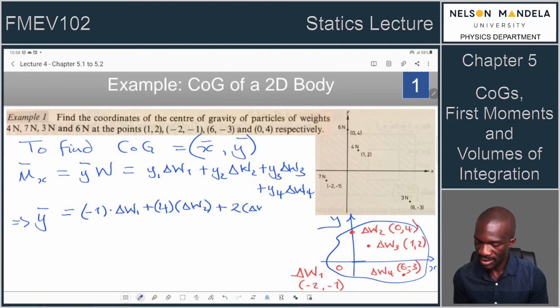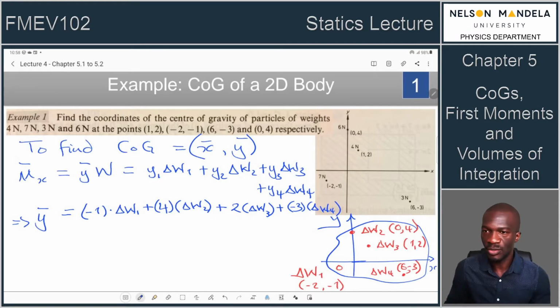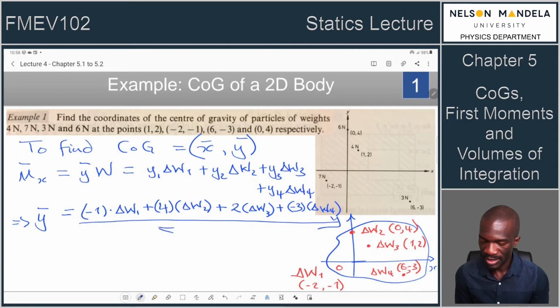It multiplies delta weight 3, and then plus the last one, y4. It is at minus 3 multiplied by delta weight 4. So you also do some thinking, right? Remember, we will divide everything by the sum of the delta weights from i equals 1 up to 4.